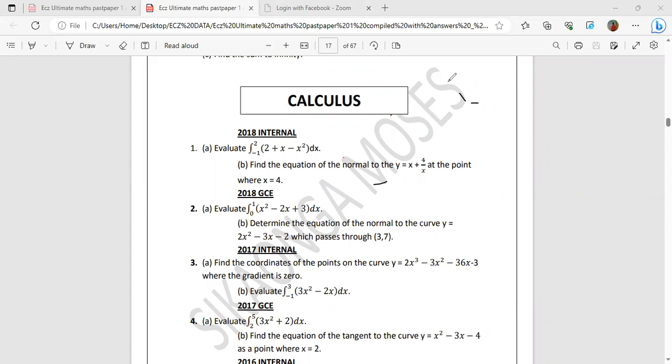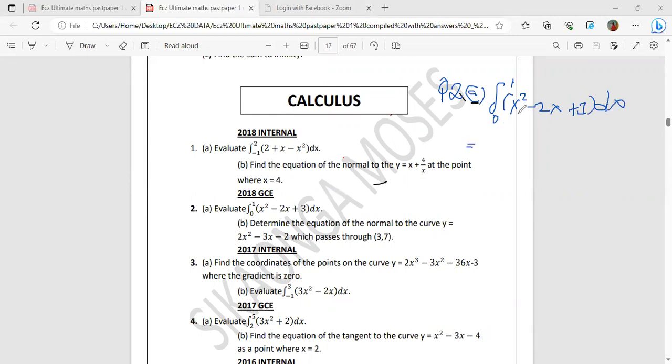Okay, so we are on question 2a. For part A, we have the integral with limits from -2 to 1, of x squared minus 2x plus 3 with respect to x.